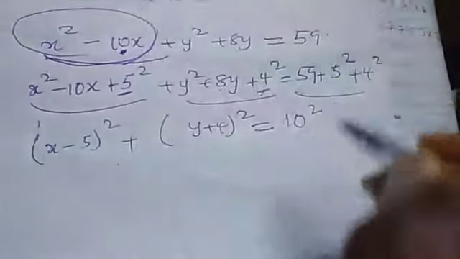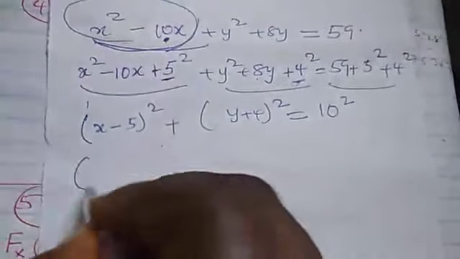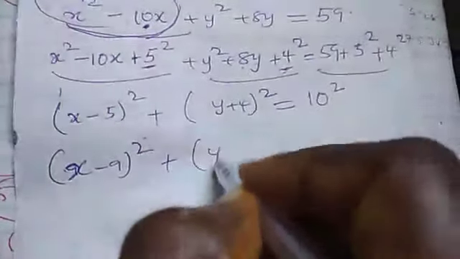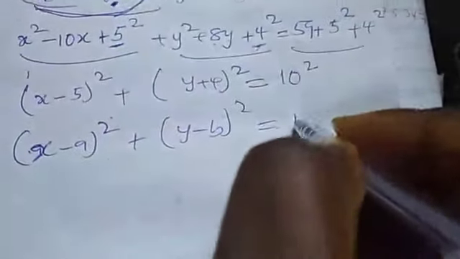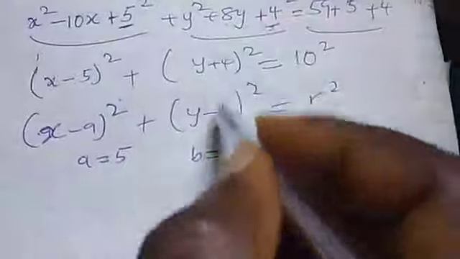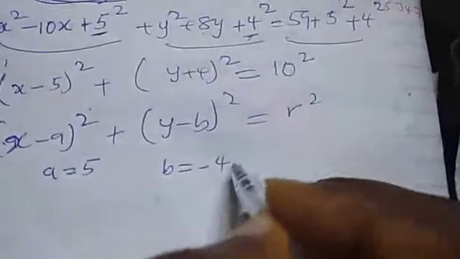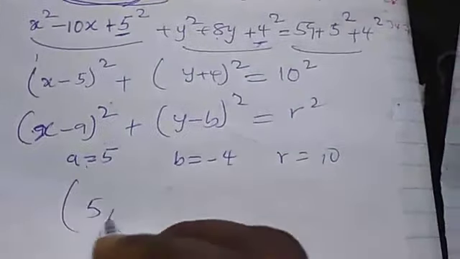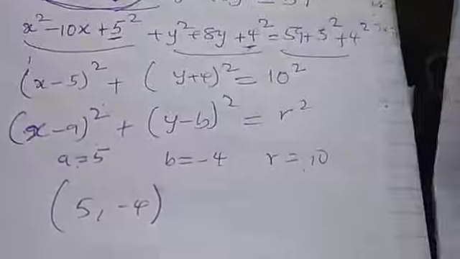But 100 is the same thing as 10 squared. So you now compare it with the formula I gave before: x minus a all square plus y minus b all square is equal to r square. You will see that your a is 5, your b is minus 4, and your r is 10. So we have found that our center a comma b is 5 comma minus 4, and our radius is 10.